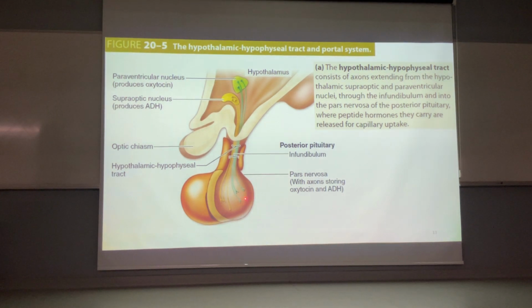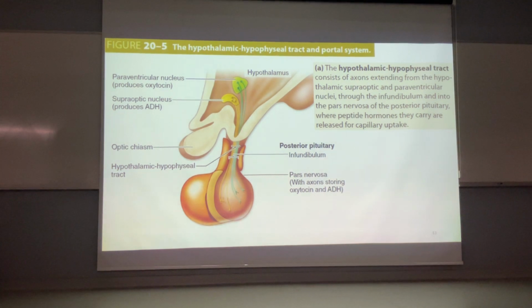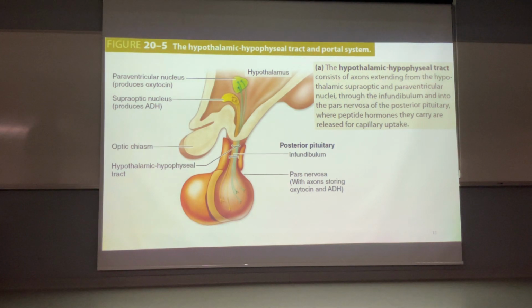And at the end piece of these tracts, hormones are secreted to the pars nervosa, and the blood vessels of the pars nervosa take the hormones and transfer them to the target area.